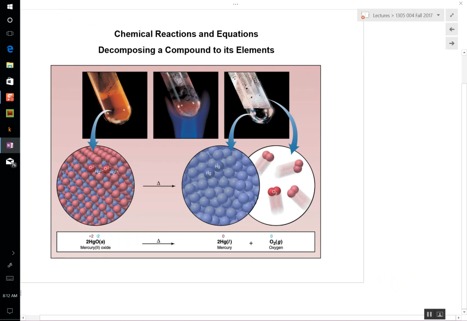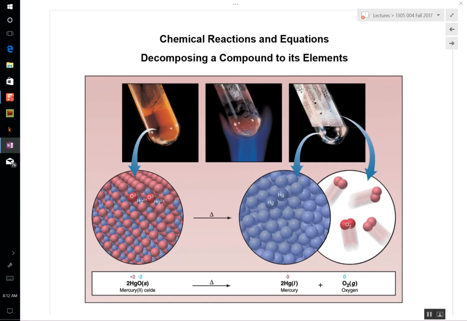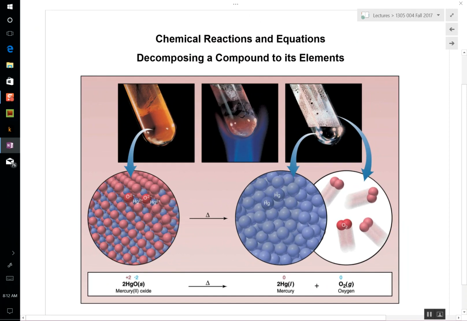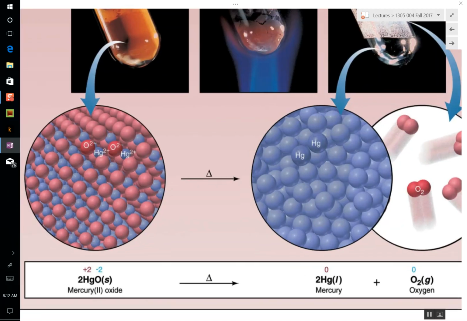Here's another example. This is a decomposition reaction. Here's mercury 2 oxide, HgO. How do you know that's mercury 2? Because you know oxygen is -2. And if you see a formula, HgO, it's got the charges above it there, really tiny.